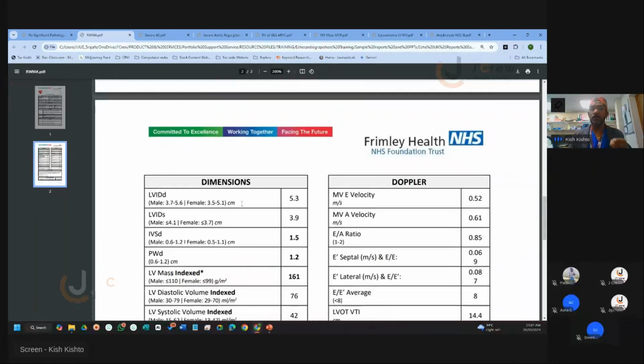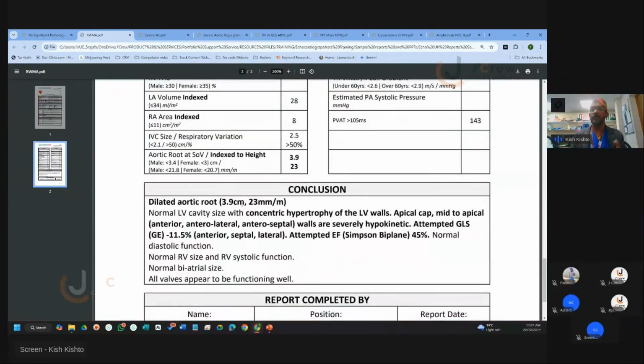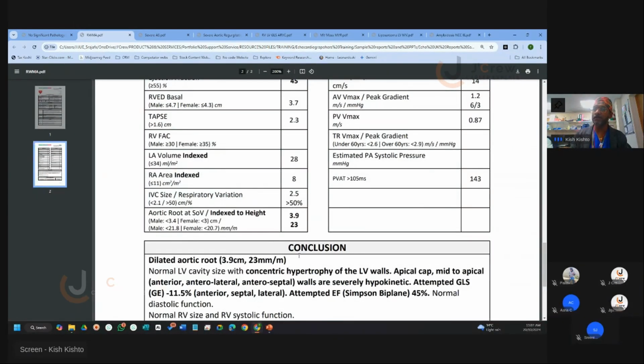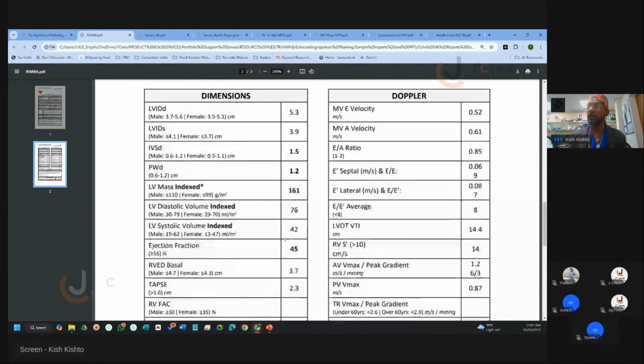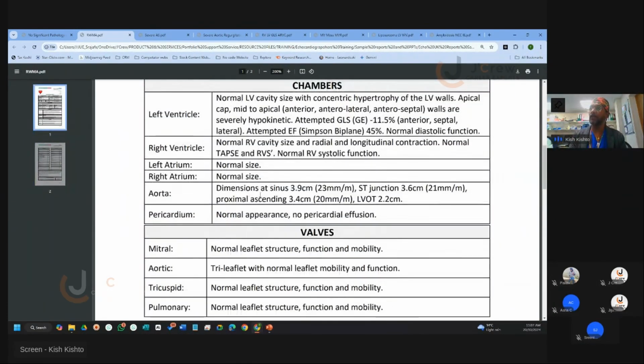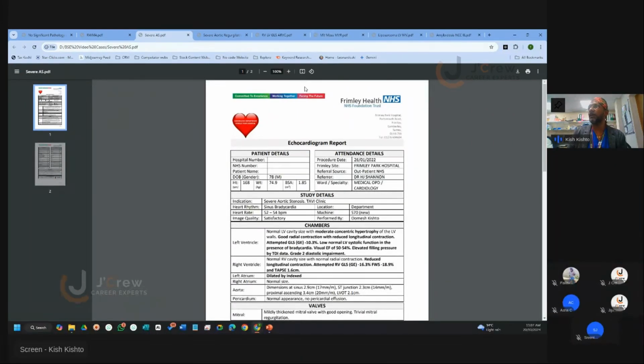So what you need to think about is when somebody non-cardiology looks at this report, they read the conclusion, and it makes sense what's going on. Okay, and if they want to know further details, they can look at all the other bits described at the top. Okay, so that's the two, and then the AS one. So let's see how.